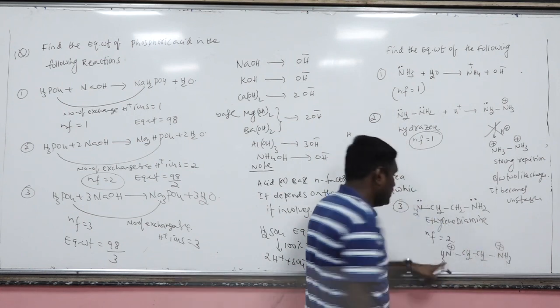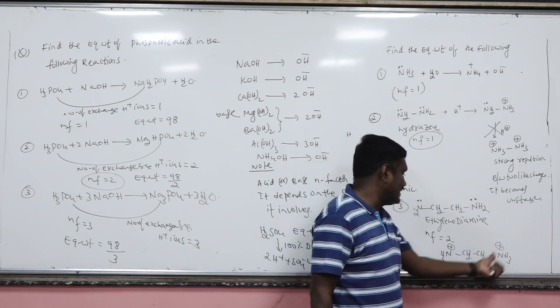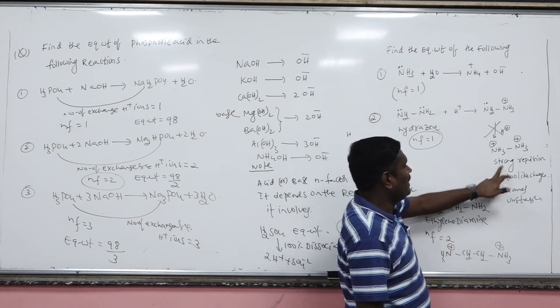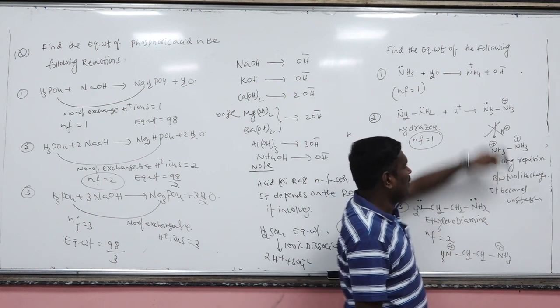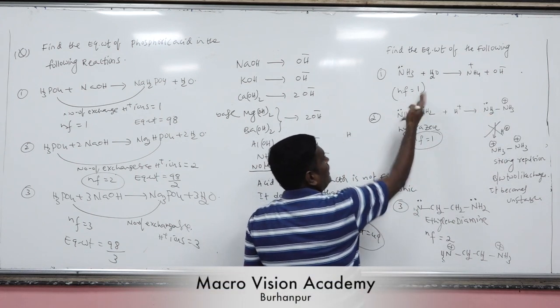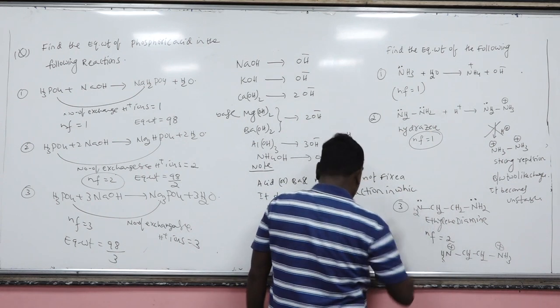Now these two positive charges are far away from each other. That's why we need not consider the electrostatic repulsion. But in hydrazine, strong repulsive forces are present between the two like charges. That's why ammonia N factor is 1, hydrazine N factor is 1, ethylene diamine N factor is 2.